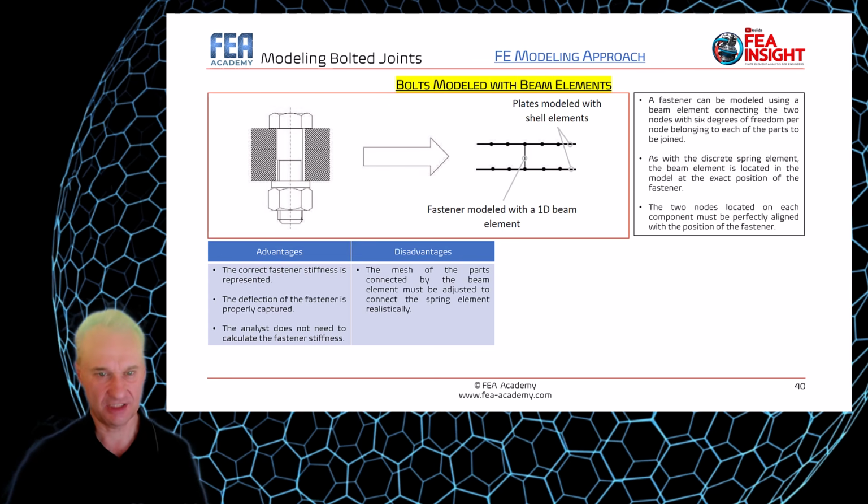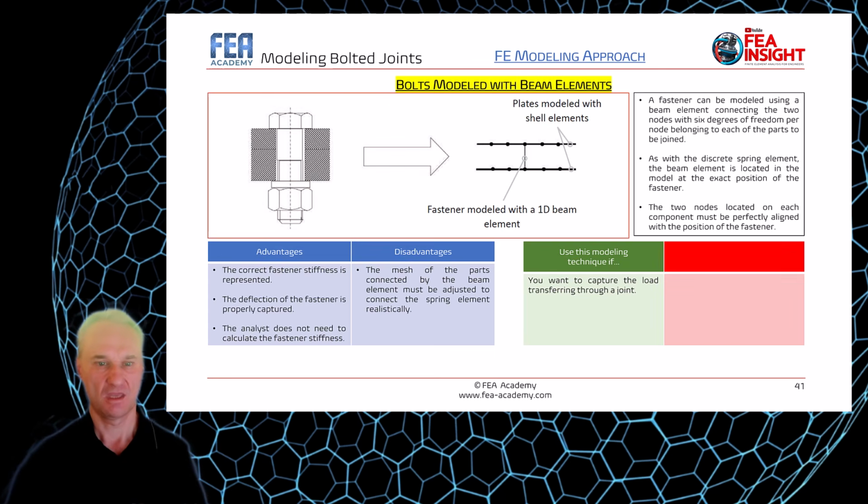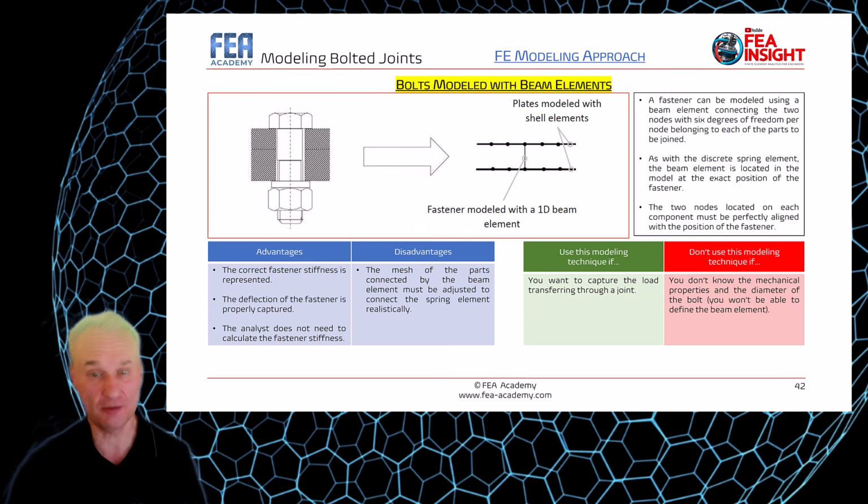The disadvantage is that the mesh of the parts connected by the beam element must be adjusted to connect the beam element realistically. You can use this modeling technique if you want to capture the load transfer through a joint. But you don't use it if you don't know the mechanical properties and the diameter of the bolt, because you won't be able to define the beam element without those properties and characteristics of the bolt.